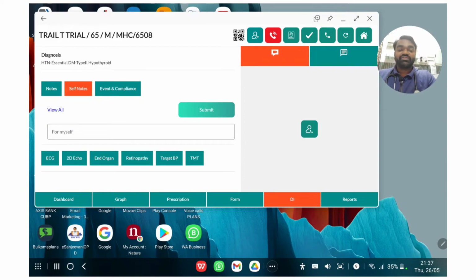This is self note, actually. Sometimes we need to remember what we told this patient last time. So at the next follow-up, we can ask the patient whether they have done this or not.